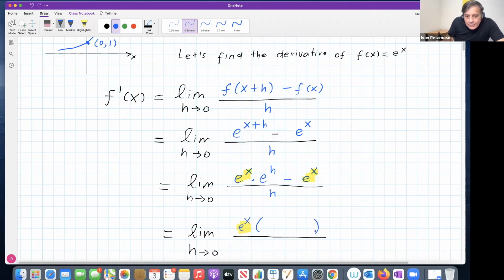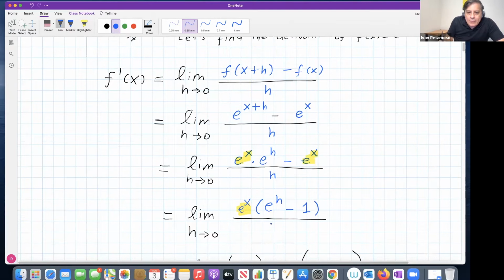What is left inside? e to the x times e to the h, after canceling, is just e raised to h, minus e to the x times itself, which is just 1, right? You may say, Professor, why are you factoring out e to the x? Well, I'm trying to separate this term containing x from this term containing h, right? You will see next why.